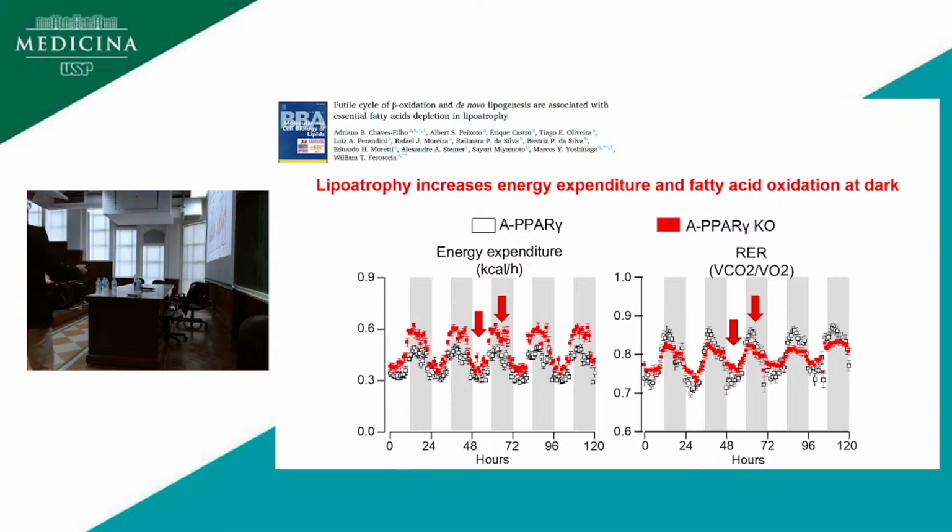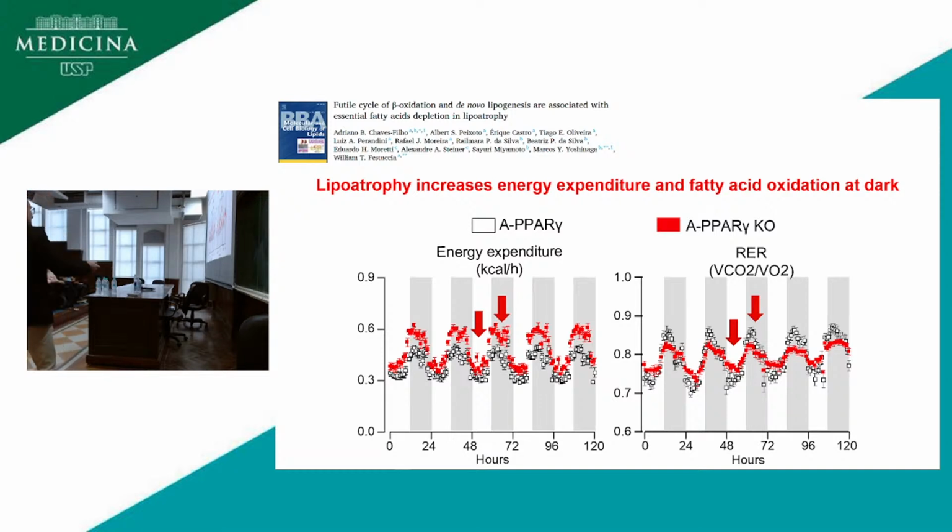In addition to that, these mice show what we call a metabolic inflexibility. What we measured here is the respiratory exchange ratio, which indicates which substrate is mainly metabolized to produce energy. If the mice show a ratio around 0.7, this indicates that they are mainly metabolizing fatty acids. If they show a ratio around 1, this indicates they are mainly metabolizing carbohydrates.